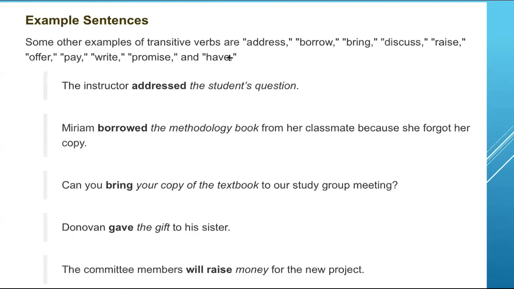So let's see, Diego, which is the subject in the first sentence? Wait. In the first sentence, just the subject. The instructor. The instructor is our subject, exactly.